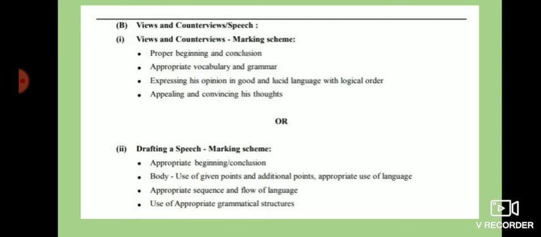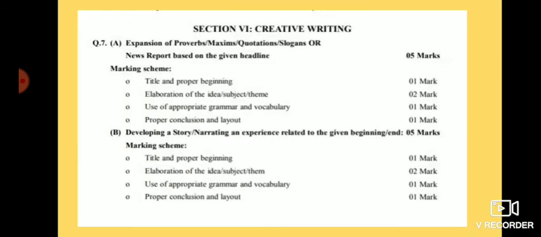You can write a speech properly, so in my opinion, in the examination you should choose drafting a speech, because this is easy. Drafting a speech is easier than the views and counter views section.